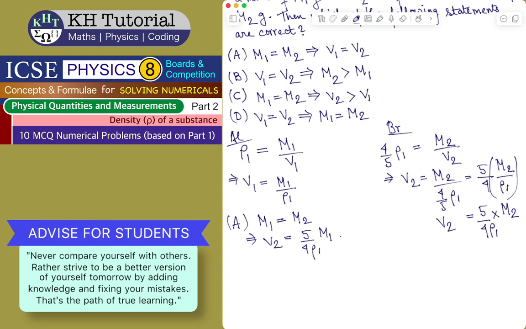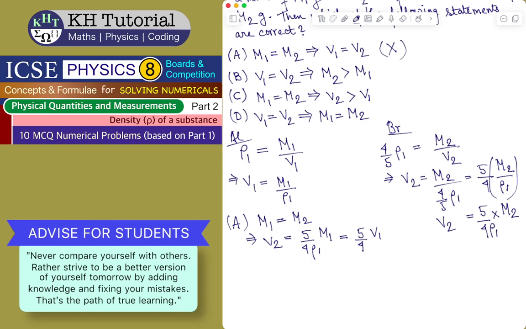Now m1 by rho 1 we know is V1. So V2 is equal to 5 by 4 V1. So clearly V2 is not equal to V1. So option A is incorrect. This is not a correct statement.